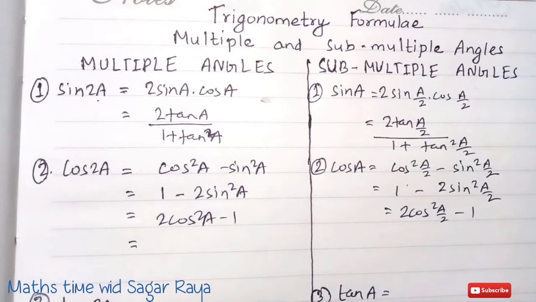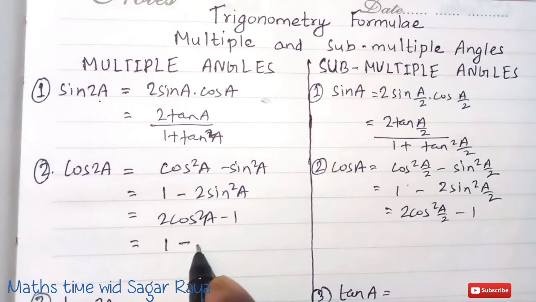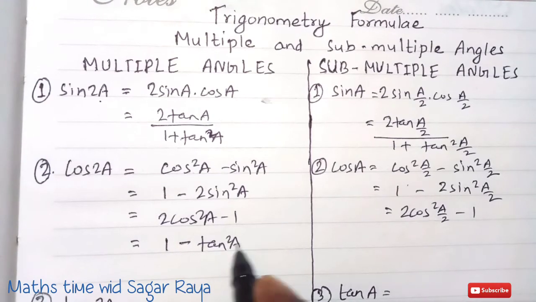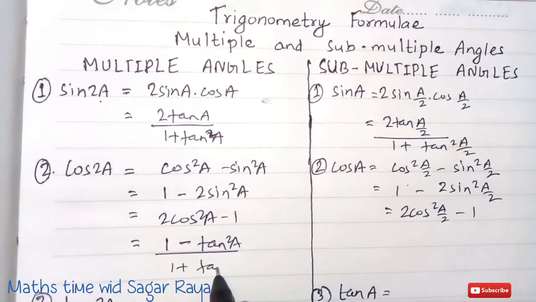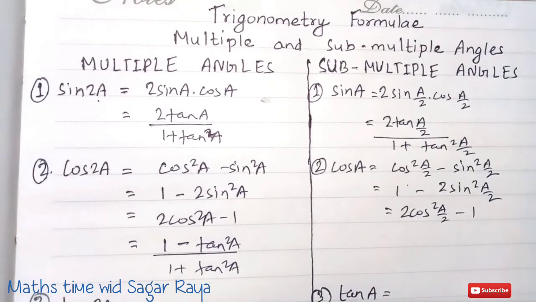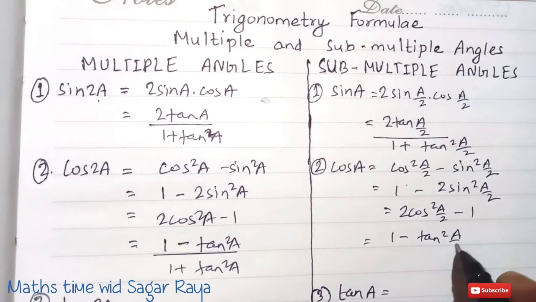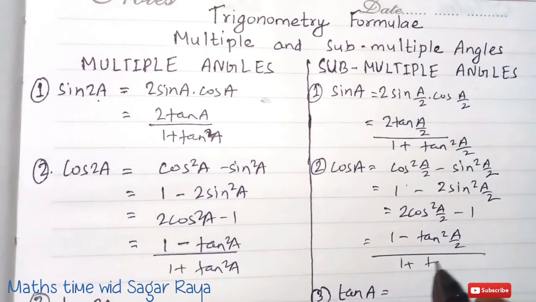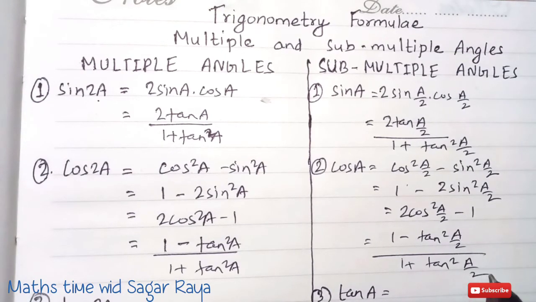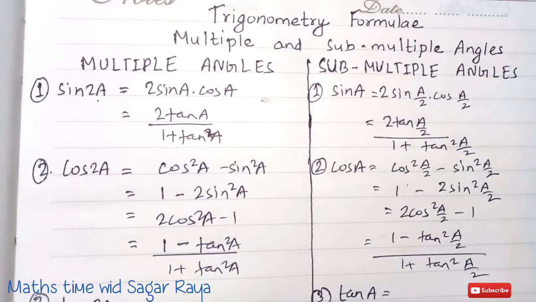And similarly, we have one more formula relating to tan: 1 minus tan square a by 1 plus tan square a. So here we can write 1 minus tan square a by 2 whole divided by 1 plus tan square a by 2.